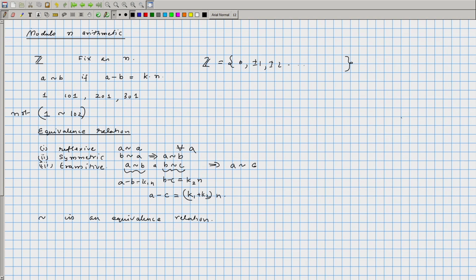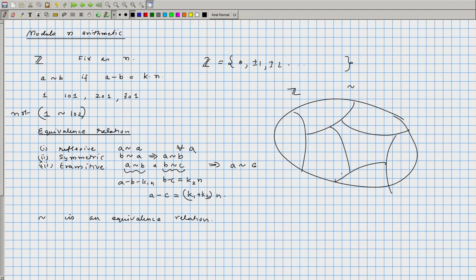So, if this was your set Z, if you look at tilde, you can partition Z into some number of parts. Here we can more specifically state what the parts are. We will call them 0 bar, 1 bar, 2 bar, up to n minus 1 bar.